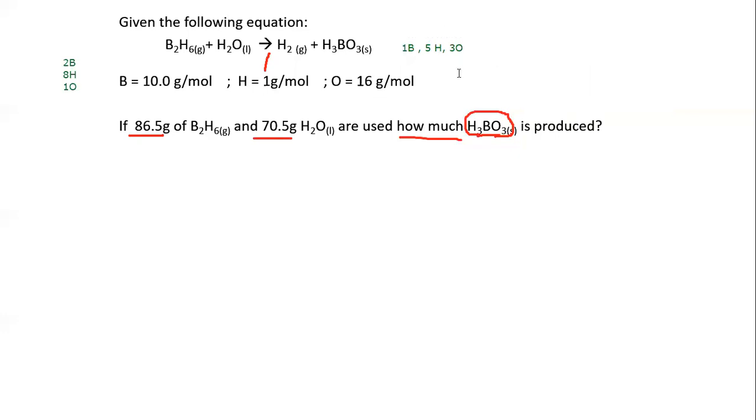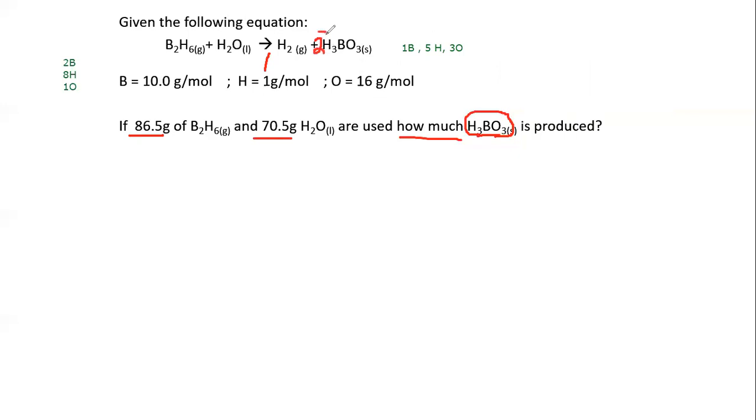So now nothing is balanced, but the first step, what we want to do is balance the boron because it's the non-hydrogen, non-oxygen element. So to balance the boron, we're going to need to put a 2 in front of H3BO3.